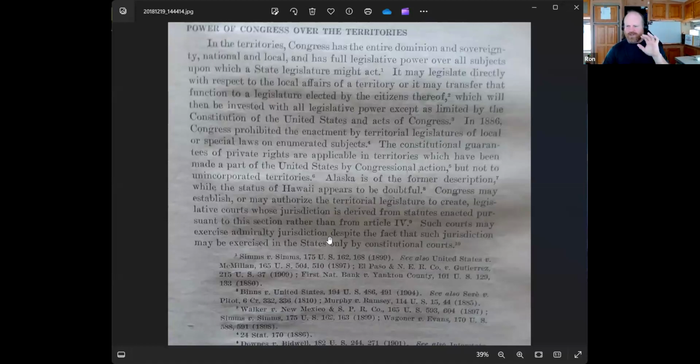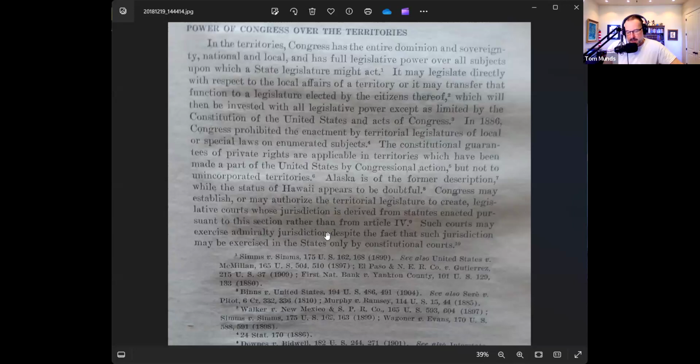That's an exclusive jurisdiction. That's a military jurisdiction. And here's that Admiralty jurisdiction applicable inland in Article 1 courts associated with the United States government's land program. And of course, we had a standing army during the land program under Arthur Sinclair.